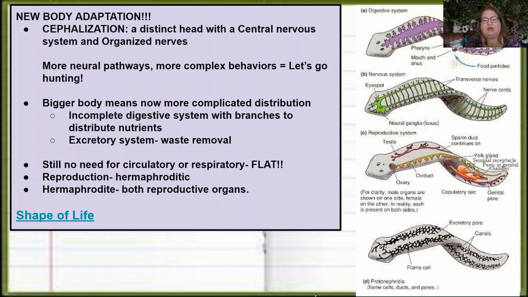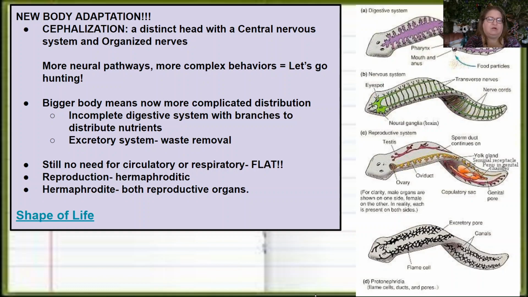And then when you have those centralized nervous systems, suddenly you get complex neural pathways, reflexes, and the ability to respond and start making thought processes as a planarian can do, right? We would still consider these more complex behaviors, certainly more than the cnidarians.